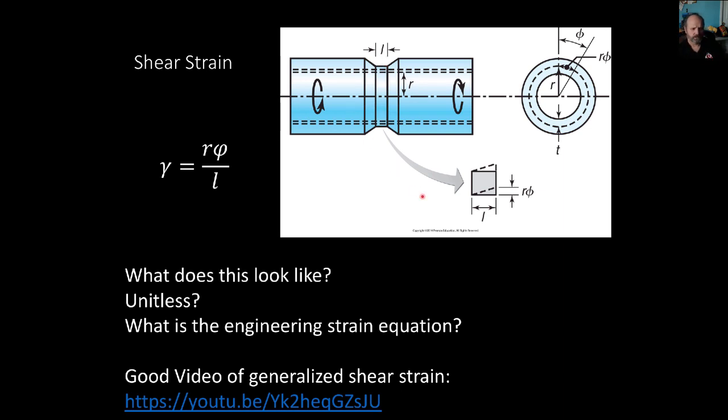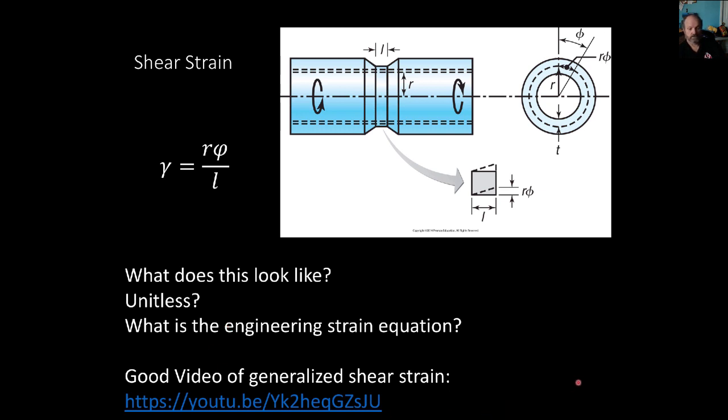Okay, so what does it look like? Well, it's a unitless number again, R theta over L, right? And this is in radians. Okay, so it doesn't have physical units. Okay, and then try to remember what the engineering strain looked like. Well, that was L minus L naught over L naught, or the natural log of L over L naught if it's the true strain.